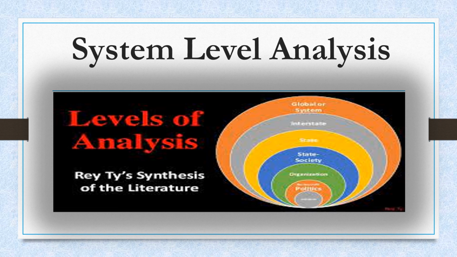At the system level analysis, therefore, the following issues are focused on as causes of war: the distribution of power, relative power postures, and power vacuums, the balance of power politics, alliance politics, etc., are mentioned as possible causes of war.